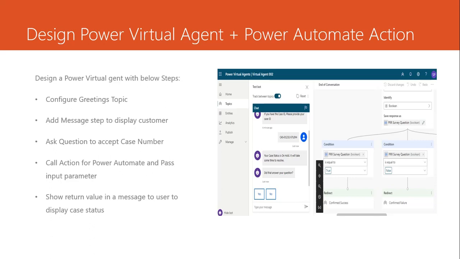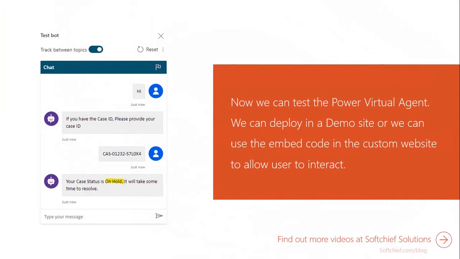In the action we will use the Power Automate name, then pass the parameter, then the Power Automate will return the value that has been configured. Then we will prompt the message with the status of the case that has been returned from Power Automate to the user.